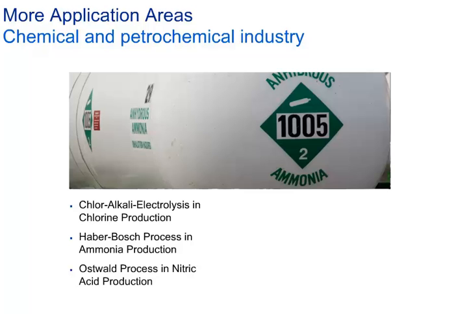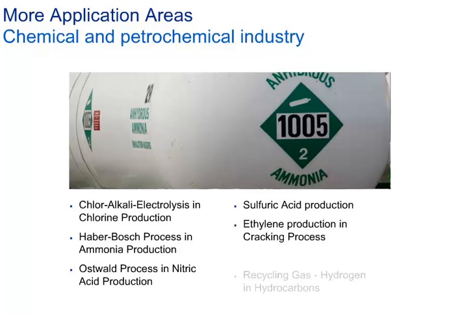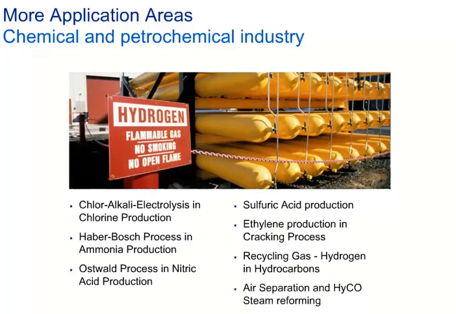More applications can be found in sulfuric acid production, ethylene production in cracking process, recycling gas, hydrogen in hydrocarbons, and air separation and hydrogen production. In all of these applications, continuous gas analysis is required for process control, quality assurance, and safety measurement.